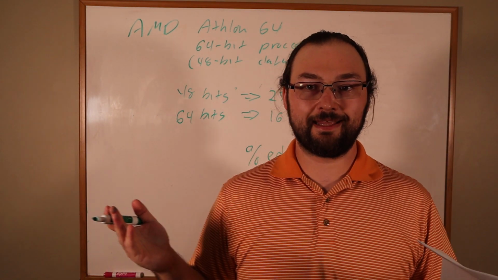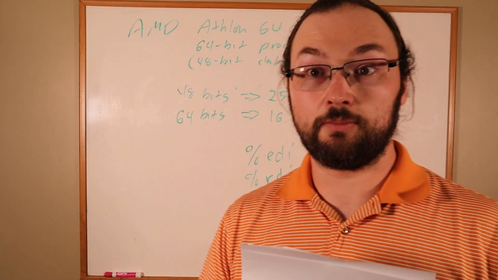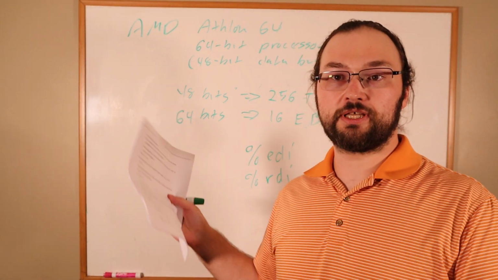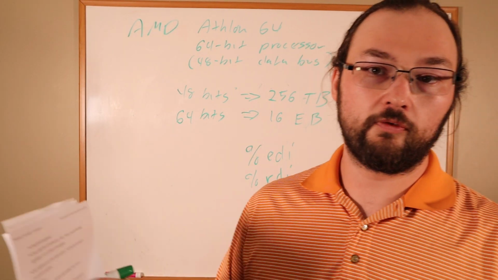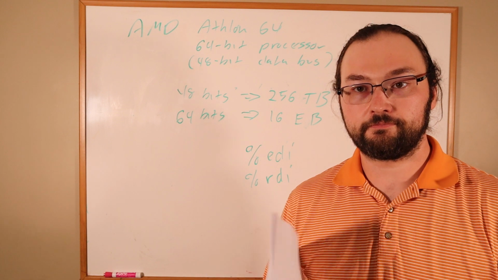The question was, why does that work? The answer is because it's the same register, and the compiler just has to know for a fact that the high bits in RDI were zeroed before doing this, and then it's all fine.